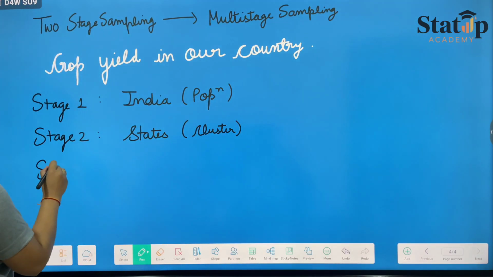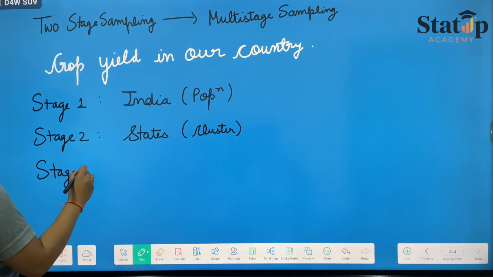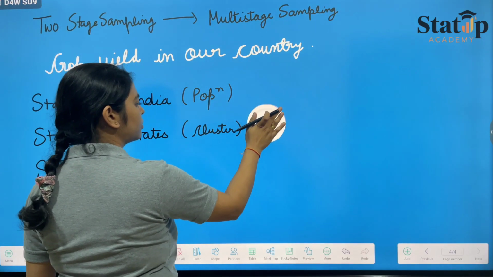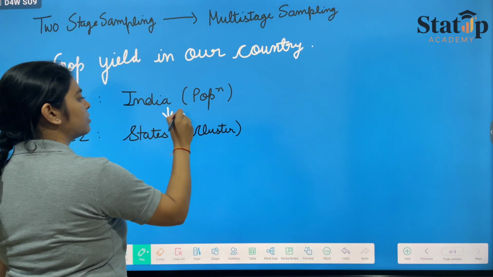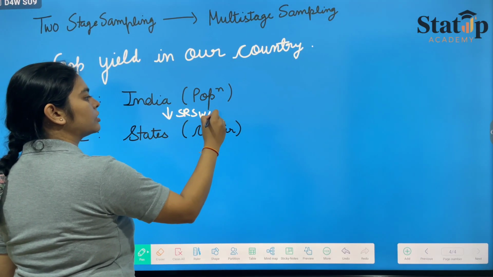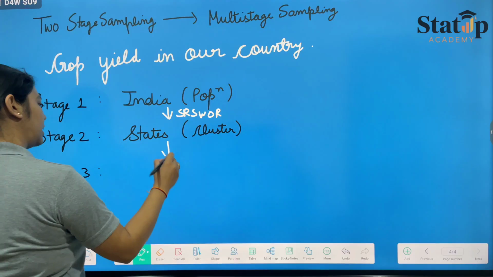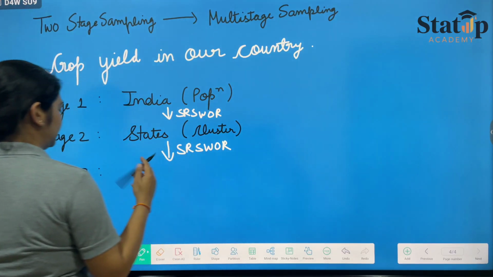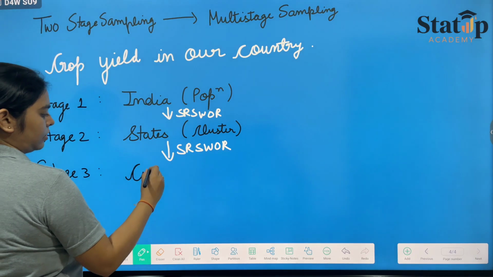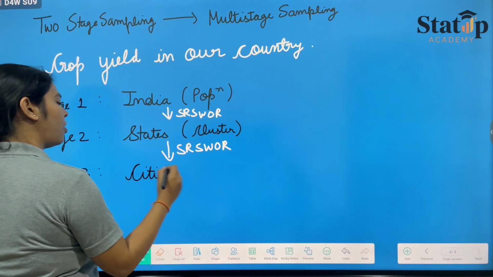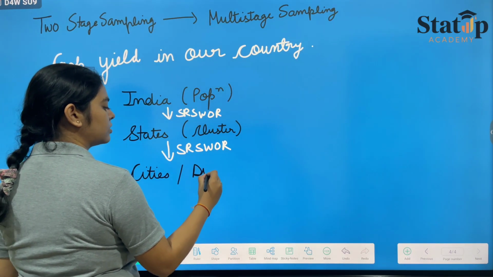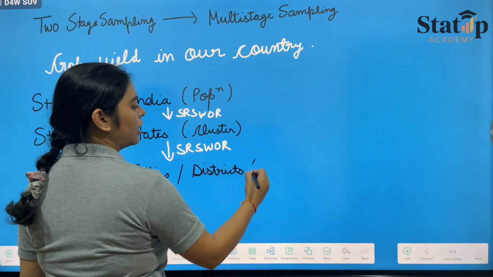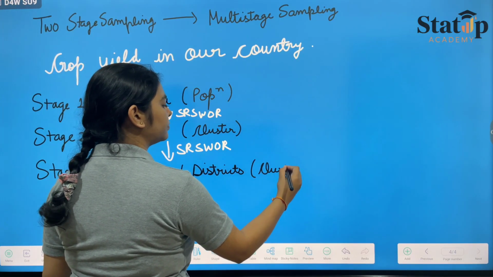Then stage 3, we select by simple random sampling without replacement cities, or we can say districts, which again are clusters.